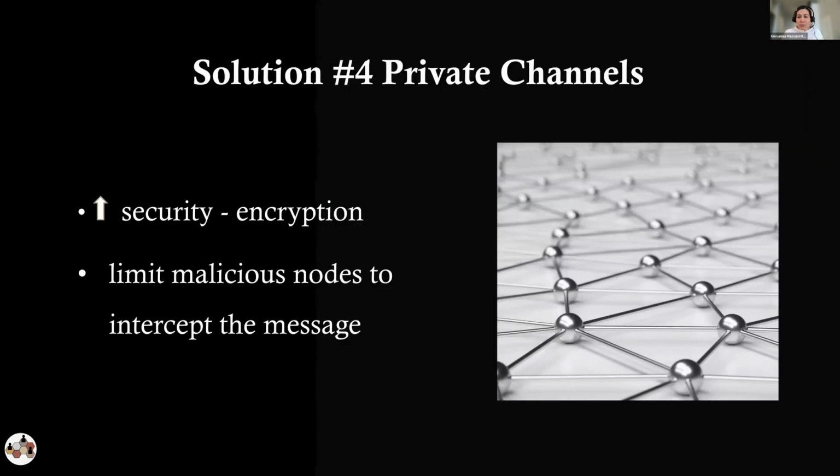The other solution, where the rationale is similar, is using private channels. Similar to cryptography, you use private channels to increase security in the communication. Usually private channels rely on encryption to secure communication, and they enable you to keep the information private, so that you limit malicious nodes from intercepting the message.